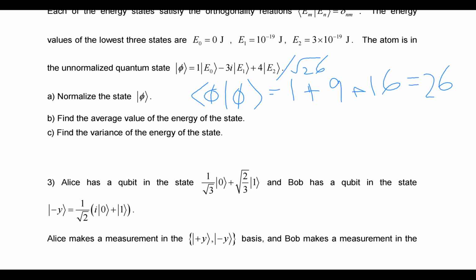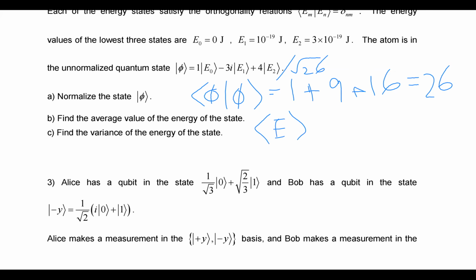So I guess, here I didn't really tell you what the operator is. Normally when you take the average value, you might be evaluating something like this, right? So E, but I never told you what the energy operator is.